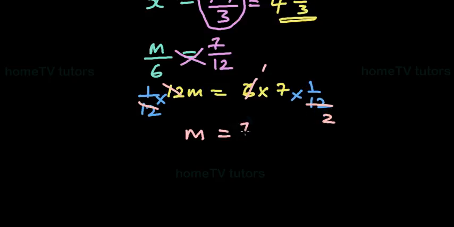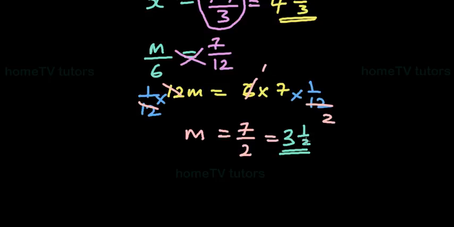So we are left with 7 over 2, an improper fraction which we should convert to a mixed fraction. So 2 goes in 7 how many times? 3. Remainder 1. So 3 whole number 1 over 2.